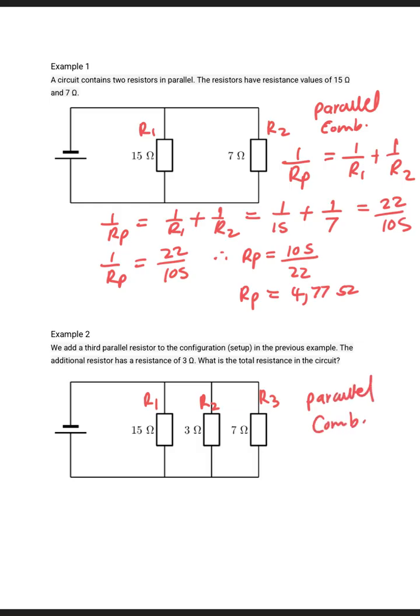We're going to have 1 over Rp equals 1 over R1 plus 1 over R2 plus 1 over R3.